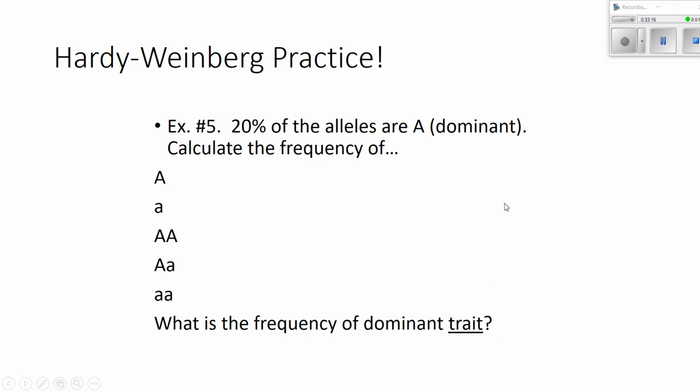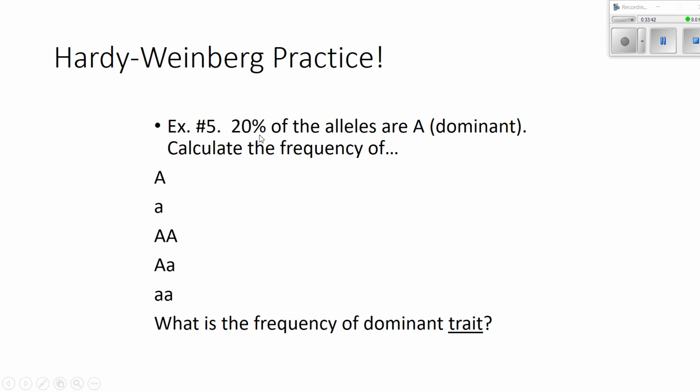Okay, example number 5. 20% of the alleles are big A, dominant alleles. So we have to calculate all these frequencies. What did they give me in the problem? They gave me a straight up allele frequency. 20% of the alleles, not the deer, not the plants, not the individuals, but the alleles are dominant alleles.